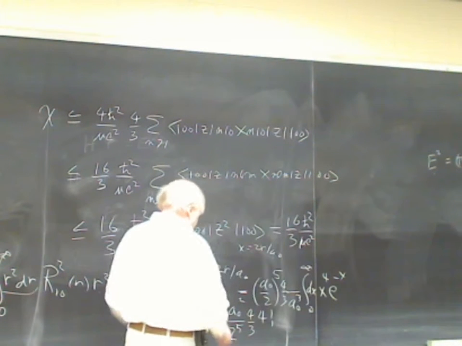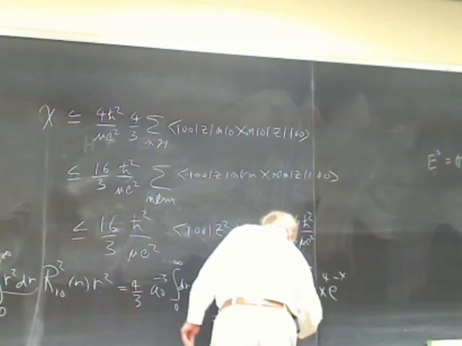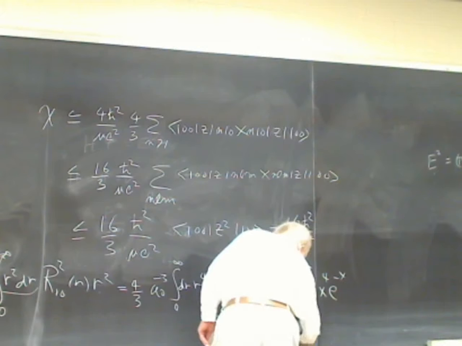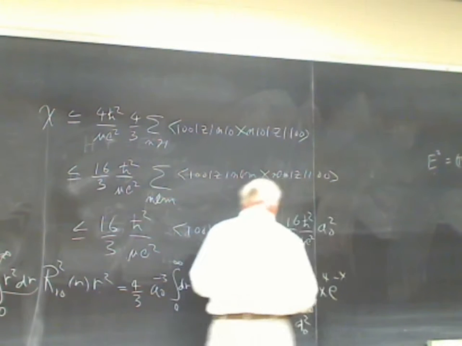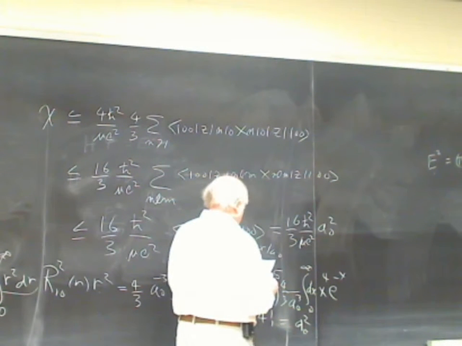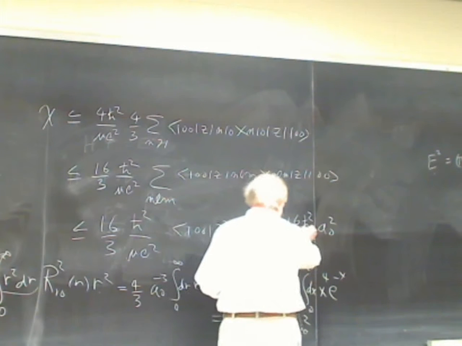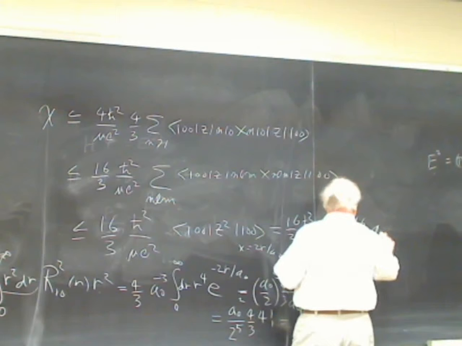Now, if you work that out, everything cancels, it turns out, except for the a0 squared. So this gives you a0 squared. And in fact, this is a0. So this is 16/3 a0 cubed.